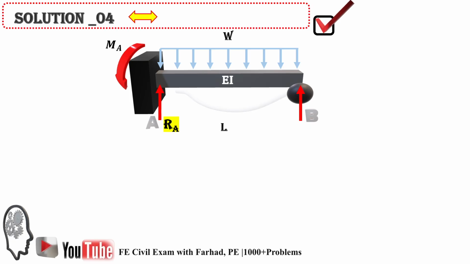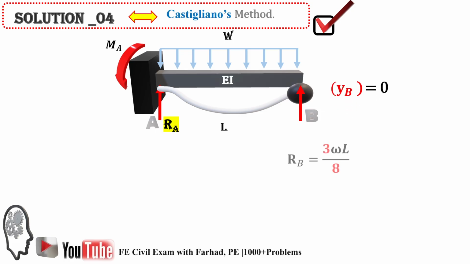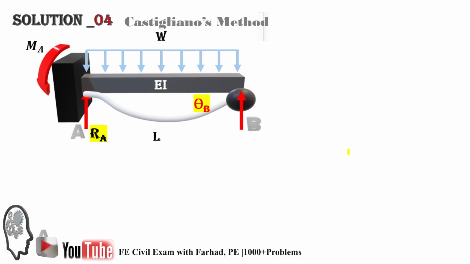As we know, Castigliano's method is an energy method, and it is going to calculate the reactions and also the angle based off the partial derivative of the strain energy. The strain energy in beams is calculated as the integration from 0 to L of M squared over 2EI dx.